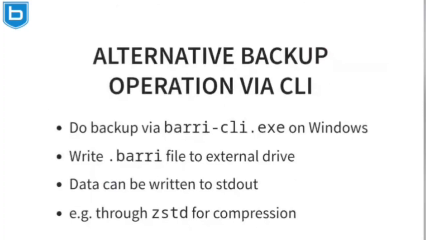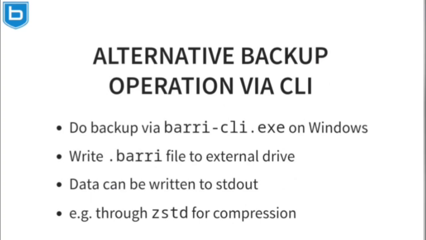So an alternative backup operation, if it's not wanted to create it automatically by the file daemon, is that we also have a command line tool that is able to do in principle exactly the same. It's just an executable that you can run as administrator, and it will do exactly the same.